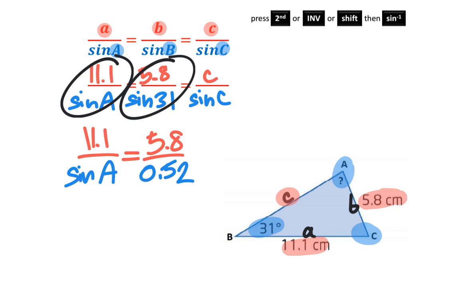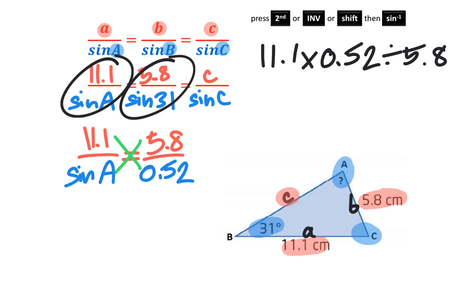At this point, we'll want to cross multiply, which means we're going to multiply the numbers that are connected, and then we're going to divide by the leftover number. I'm going to show you that calculation on the side. So I'm going to take 11.1, multiply it by 0.52, and then divide by 5.8.